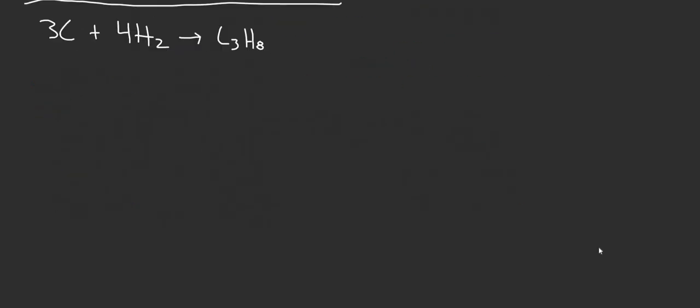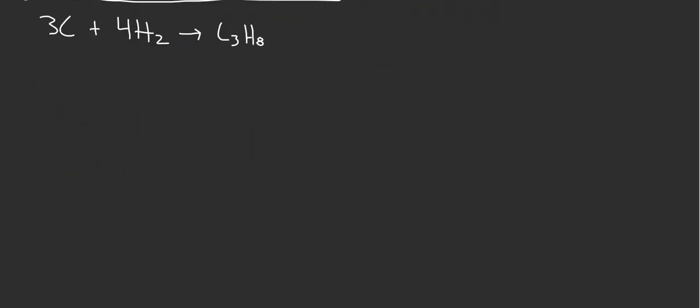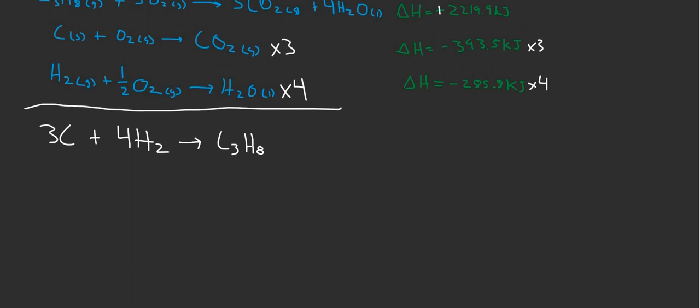So to illustrate what I'm talking about here, I'm going to rewrite our manipulated reactions. So basically I'm going to flip the first one, multiply the second one by 3, and multiply the third one by 4. And maybe you can begin to see what everything's starting to look like.